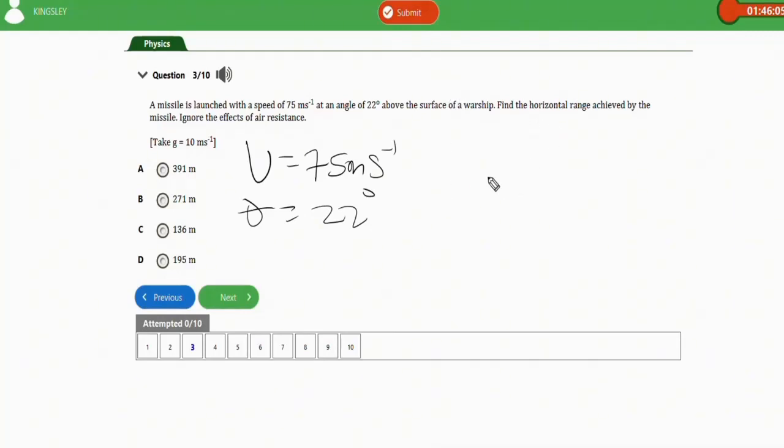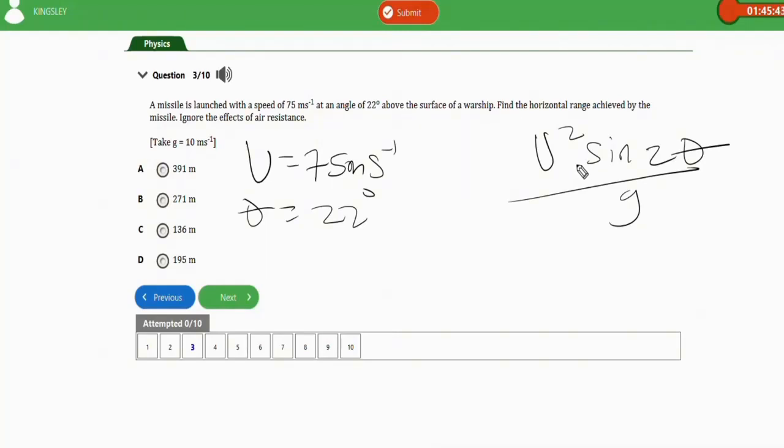Now, the formula for the range of a projectile is u square sine 2 theta over g. Now guys, you have to get used to these formulas for projectile. We have the formula for time of flight, the formula for maximum height, the formula for range, and the formula for time to reach maximum height.